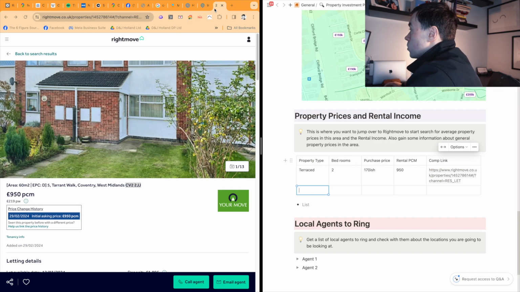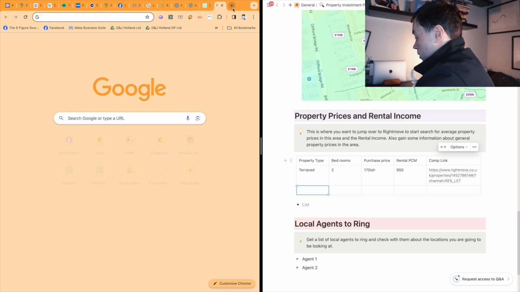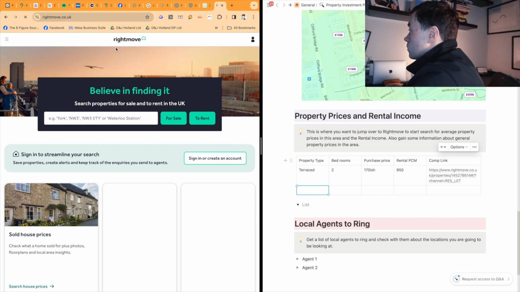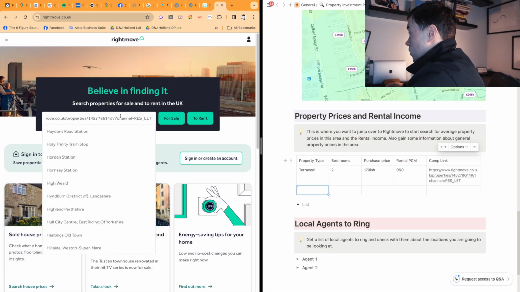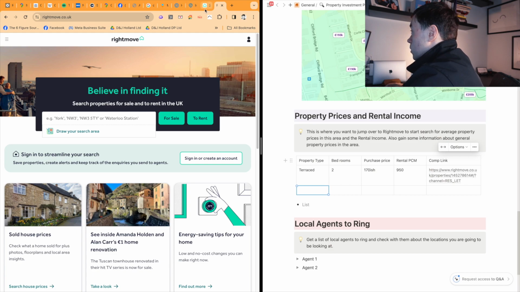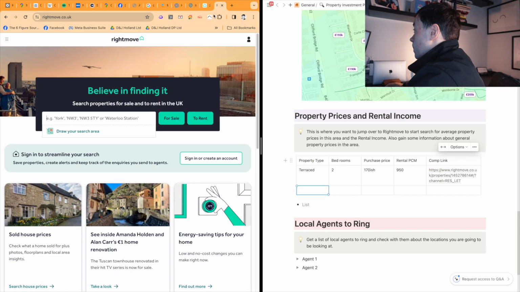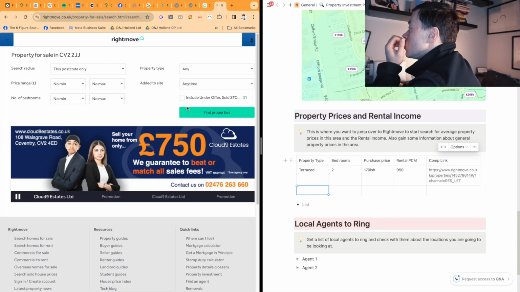So now we've got the postcode. Let's go back to Rightmove. Oh, let me just get that postcode. For sale, CV2.